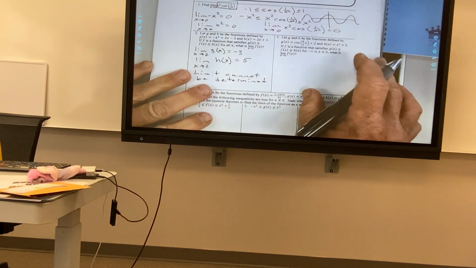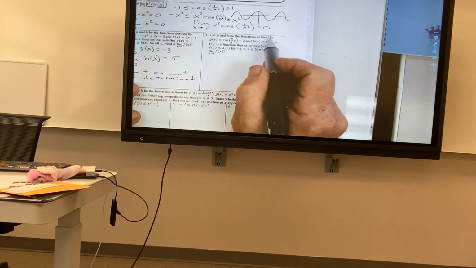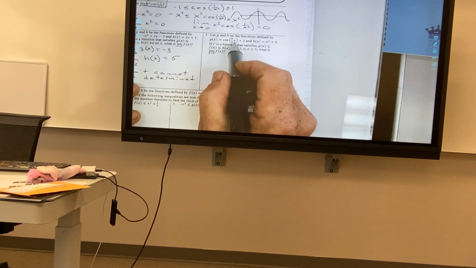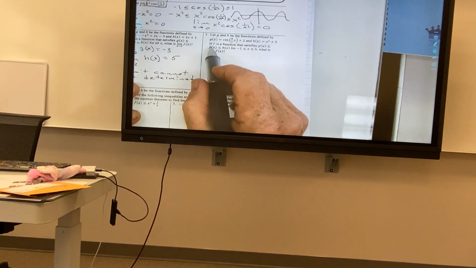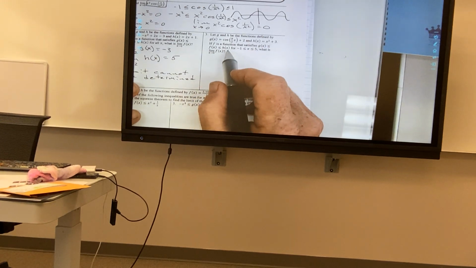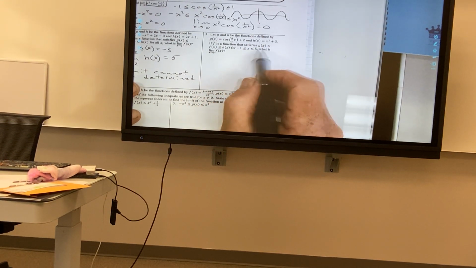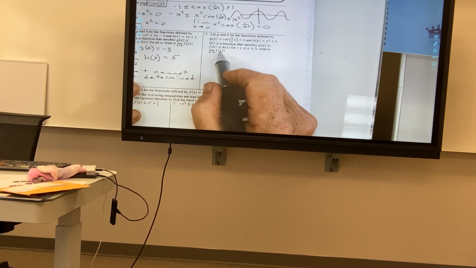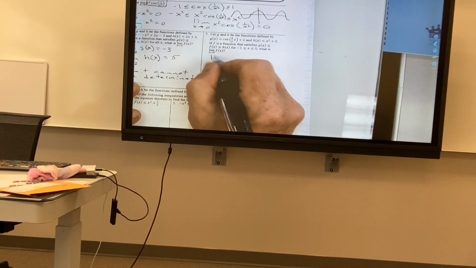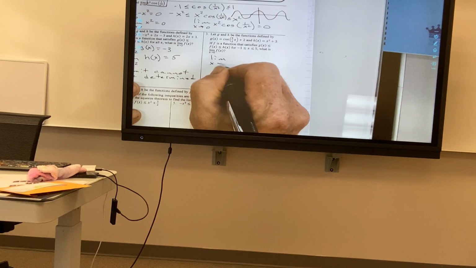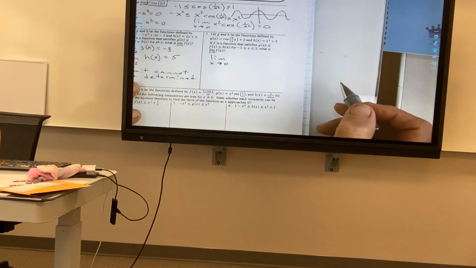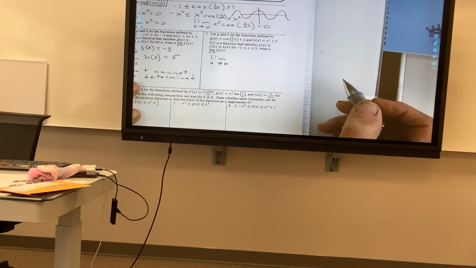Let's look at this one. Let g and h be the functions defined by this. If f is a function that is in between those two for the interval -1 to 5, what's the limit of f of x at 0? So I'm gonna first figure out the limit as x approaches 0 of what, Ben?